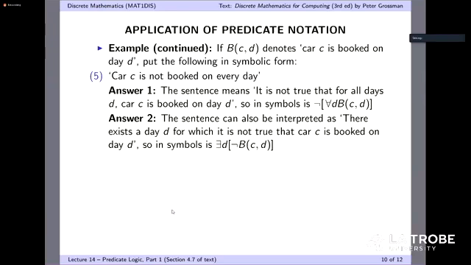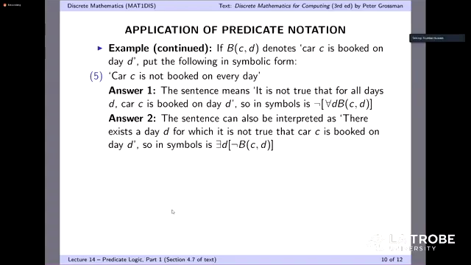Any questions? Or any other method that you have in mind that you can write this down? So there exists C for all. No, actually, because C is given to us, right?